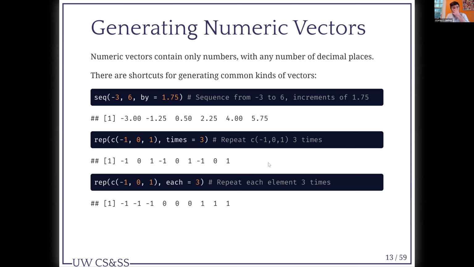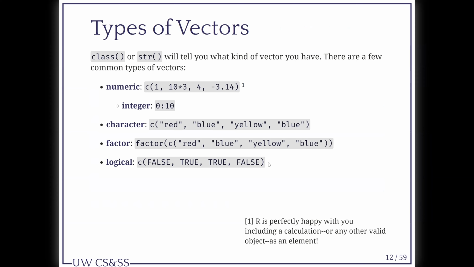A quick question: what happens if you put a variable into a vector? Is it just whatever type the variable is? What do you mean by put a variable into a vector? So if you stored 10 times 3 into X, and then you have X in that vector.